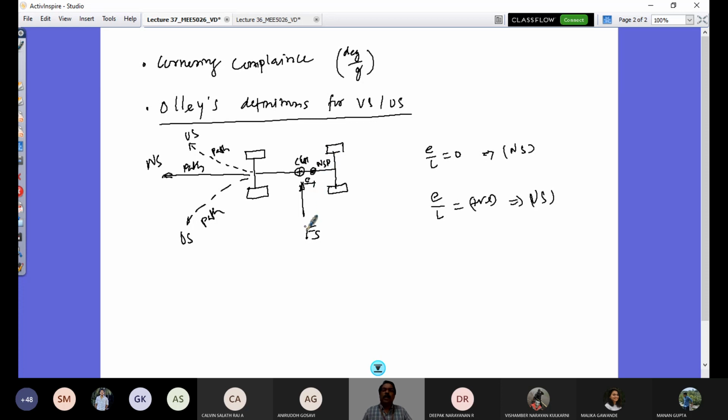So since it is now ahead of this, if this Fs is acting at this neutral steer point, there is no effect on the yaw motion. That's the meaning of neutral steer point. But the side forces act at the CG location and neutral steer point is here.